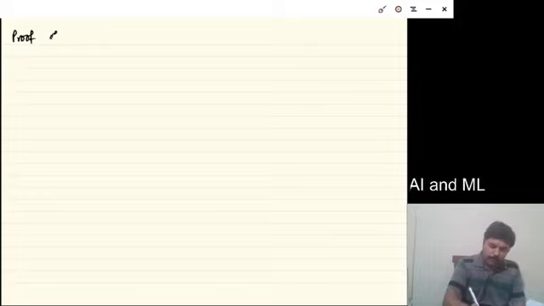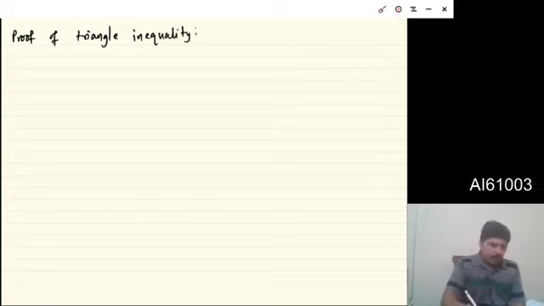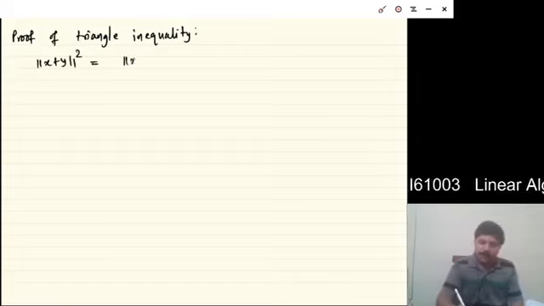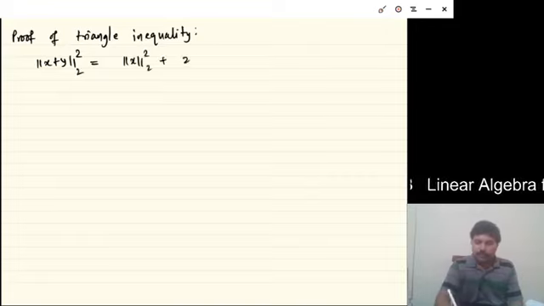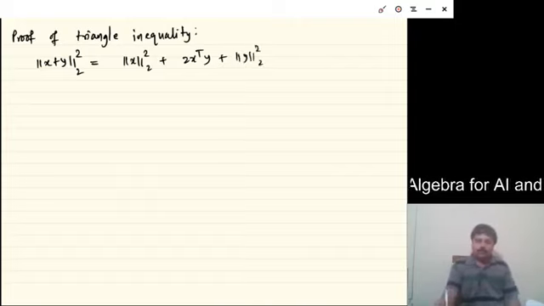Okay, so the proof of triangle inequality. If you look at norm of x plus y whole square, then we already had written the expression norm of x square plus 2x transpose y plus norm of y square. That's how you can write down x plus y whole square.